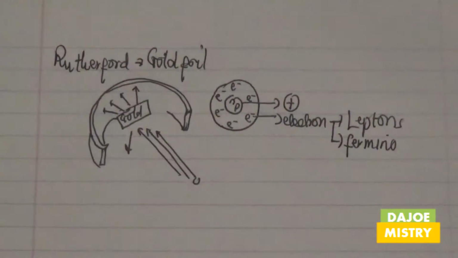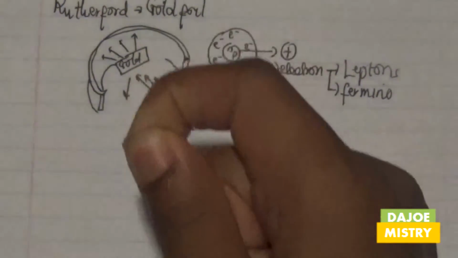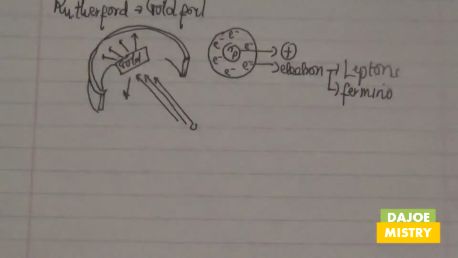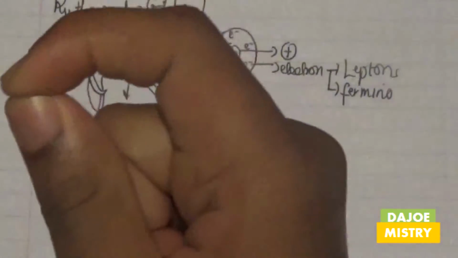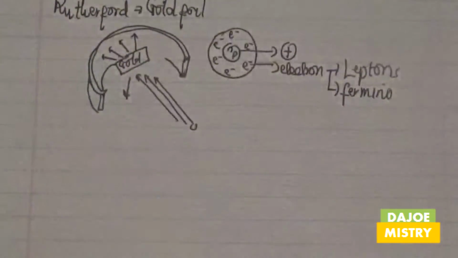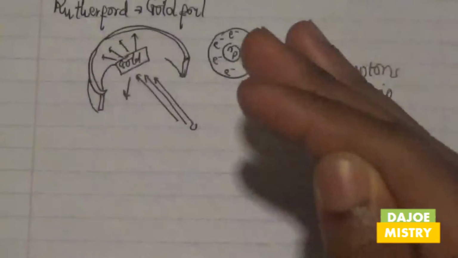Now, the most important question is about the proton, which is a positively charged particle: does it have other particles inside it, or does it just exist on its own?